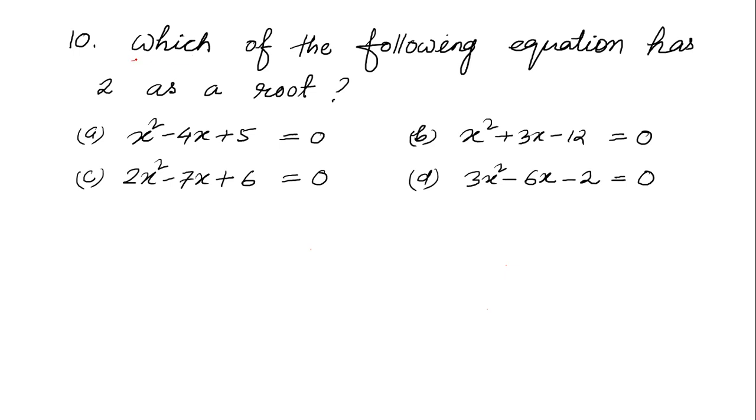Question number 10, which of the following equation has 2 as a root? तो इसको हम करके देखेंगे कि ये वाला first वाला हम अगर करेंगे तो क्या होगा कि 5 1 जा 5, इसको अगर हम multiply करने से 5 आना चाहिए और add करने से -4 आना चाहिए। तो ये कौन सा numbers होंगे? 5 and 1 ही हम कर सकते हैं। 5 and 1 अगर multiply करेंगे तो 5 निकलेगा, लेकिन ये अगर हम यहाँ पे minus लिखेंगे तो भी क्या होगा, -5 1 जा -5 यहाँ पे है नहीं, और -5 और 1 अगर हम इन दोनों को मिला के ही हम -4 निकाल सकते हैं। अगर add करेंगे तो -5 + 1 is -4, so it cannot be factorized.